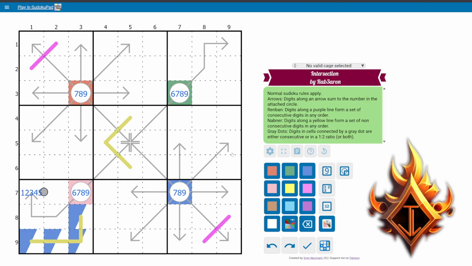I guess I haven't thought much about, like, where can 9 go? 8, 9 will be on one of these lines. Because 9 will never be on an arrow. 8, 9. So one of these are 7. Okay.